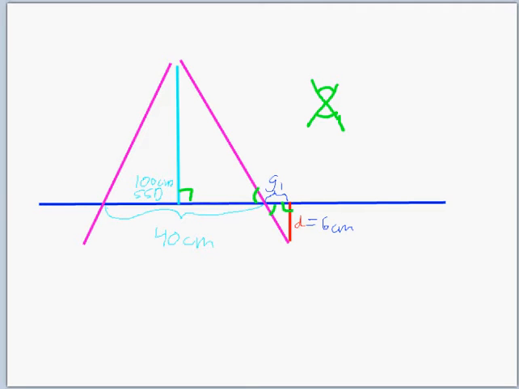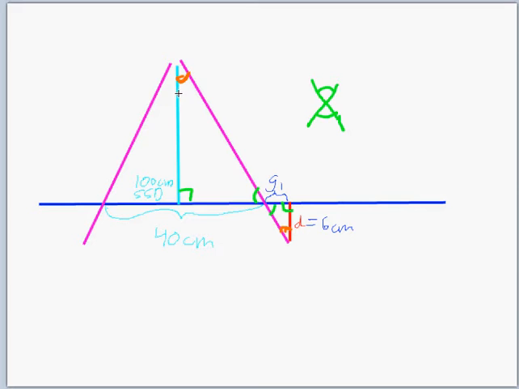We can also say that if we look at this angle up at the top right here, then because we have two angles in a triangle that are the same, this angle and this angle have to be equal as well. That comes from the fact that triangles always add up to 180 degrees. So if you already know two of the angles, like we do here, that third angle and this angle have to be the same.